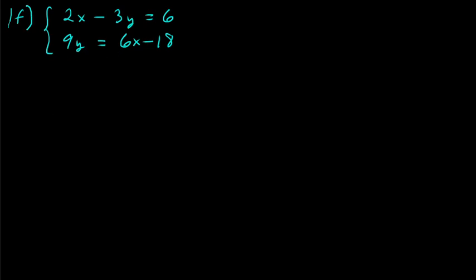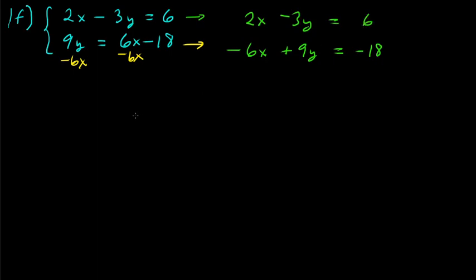So why don't we first subtract 6x on both sides. So the bottom equation is going to end up being -6x plus 9y is equal to -18. And then for the top equation, we had 2x minus 3y equals 6.